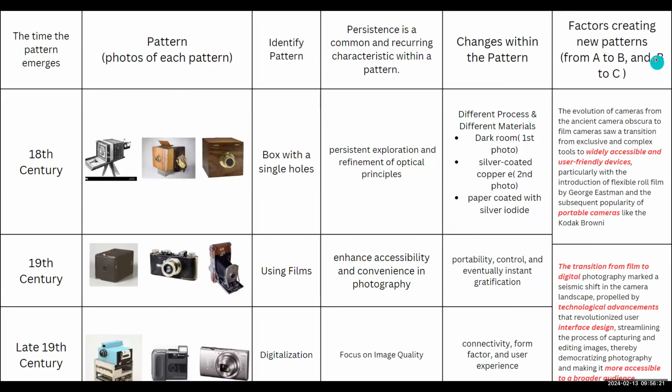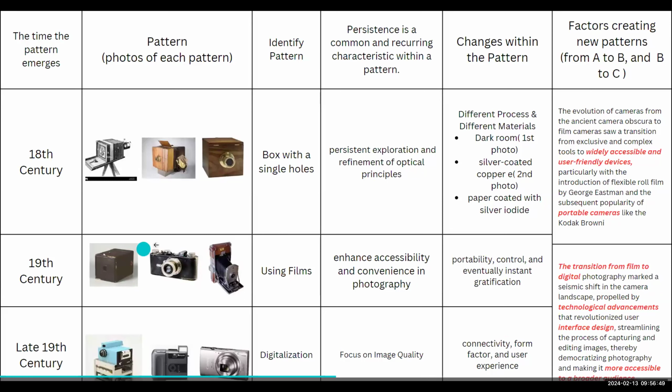From pattern B to pattern C, they made different changes. The digital camera was the most technological advancement at that time, and the interface design made it more accessible to a broader audience.